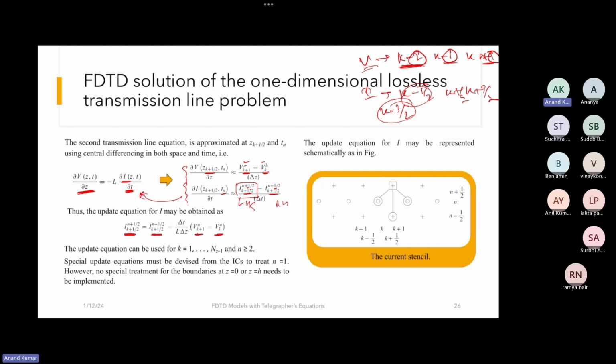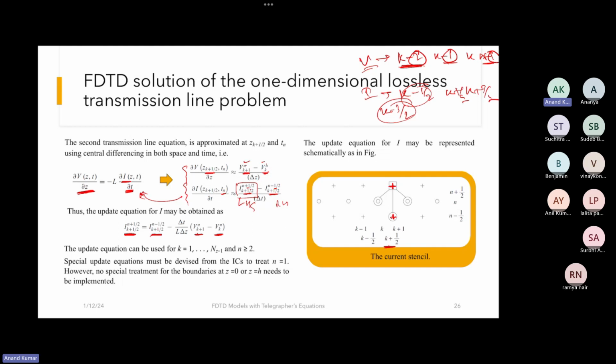at the nearby points. Similarly, if you look at the current stencil, we're trying to evaluate the current value over here, and it is given in terms of the previous current value at the same point. We're trying to evaluate this at k plus half, and at the k plus half location, this was the current value at n minus half, and we're trying to find the current value at the n plus half time.